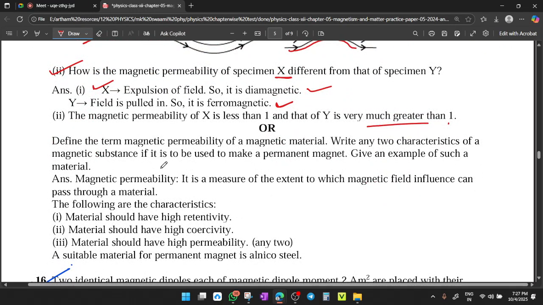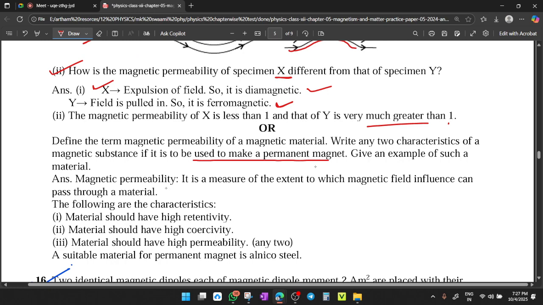Next, define the term magnetic permeability of a magnetic material. Write any two characteristics of a magnetic substance that make it suitable for a permanent magnet, and give an example of such a material. Magnetic permeability is a measure of the extent to which a magnetic field can pass through a material.